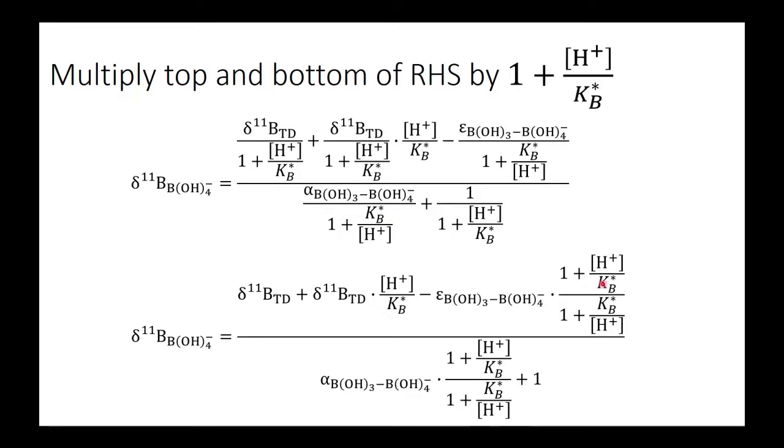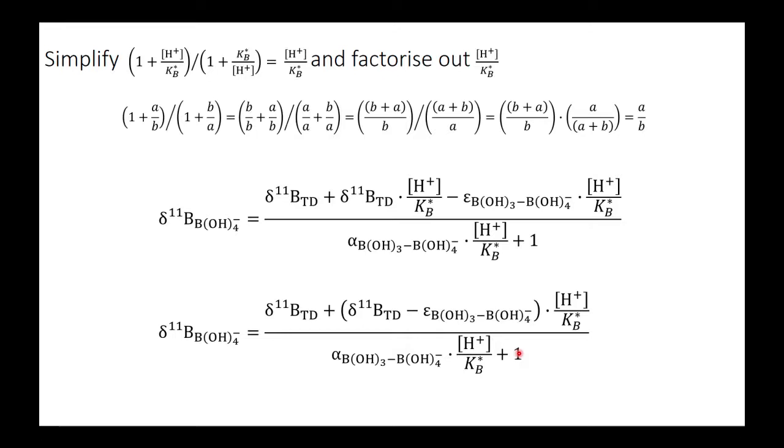This factorizes out. There's a little mathematical trick here: if I divide 1 plus a fraction by 1 plus the reciprocal of that fraction, that just equals the first fraction, and there's the math that shows that if you want to go through that in your own time. So that simplifies into this.